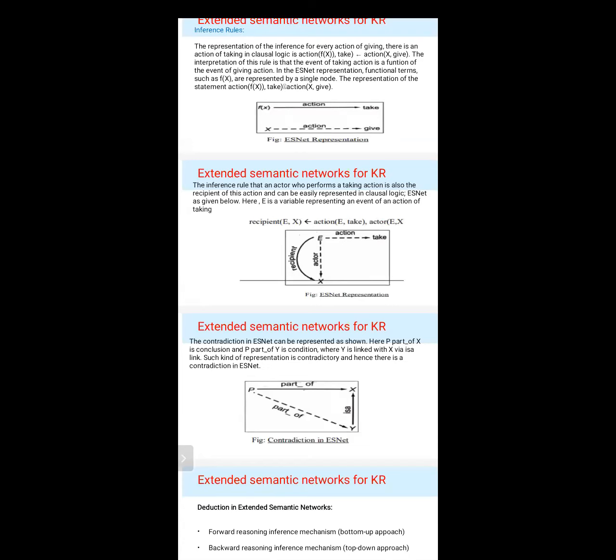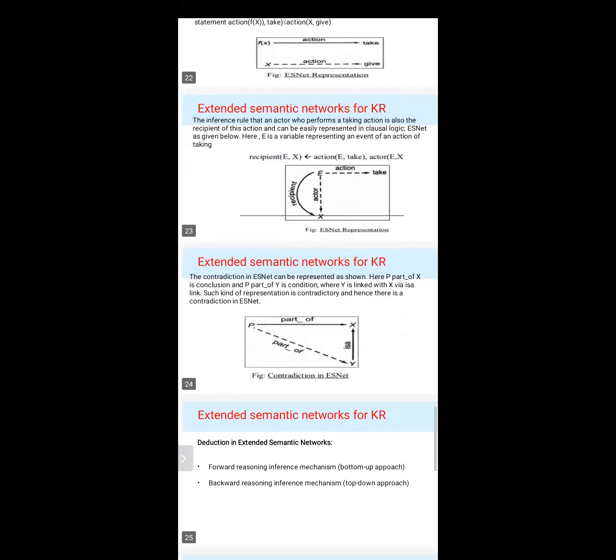And next, actor of E comma X means X is an actor of E. So I can represent it like this. X is an actor of E. And next, E is the recipient, like this. Next, E performs the action, which is nothing but take.